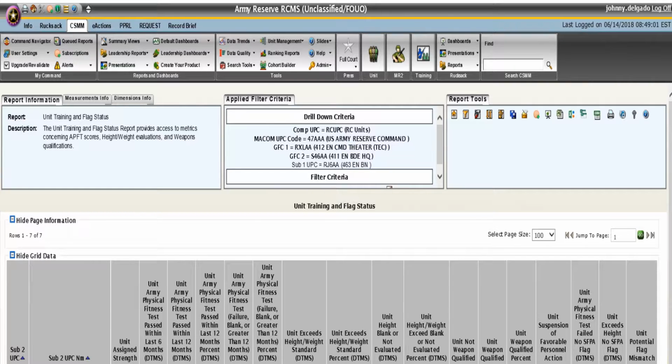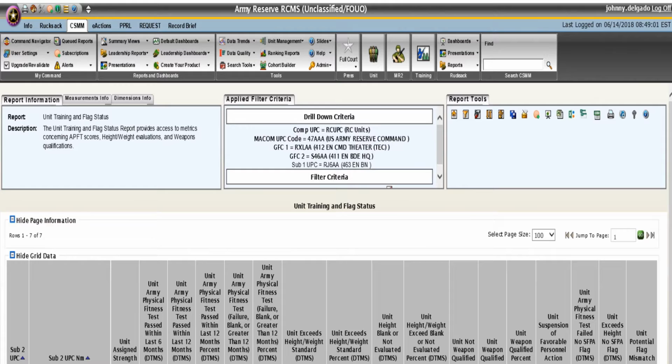It's not regulatory required, but it's good practice. So make sure that the person's name is on this list, that they've taken an APFT within the last 6 months. Here's your pass within the last 12, and here is your blank and fails right here. So you want a listing of everybody that's blank, or they're failing their APFT, or their APFT is out of date. It's right there for you.